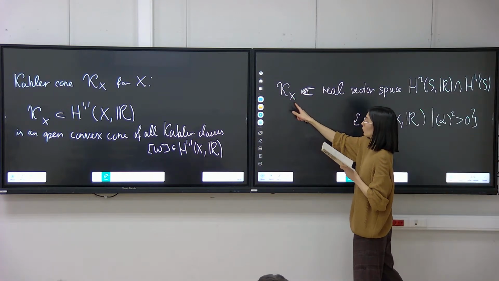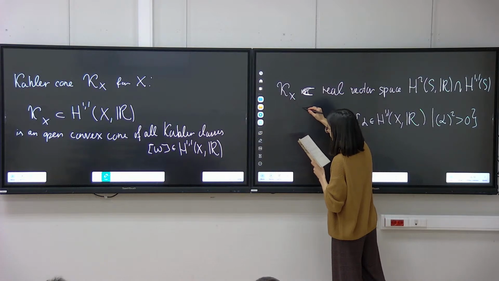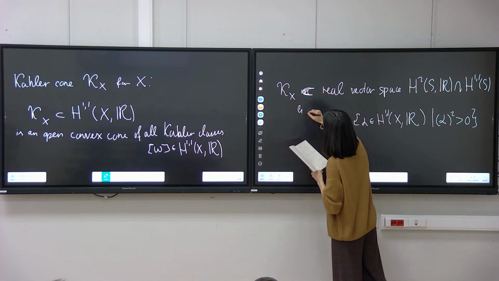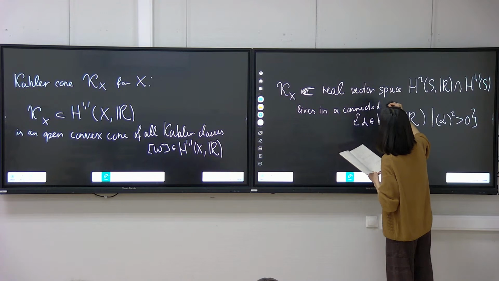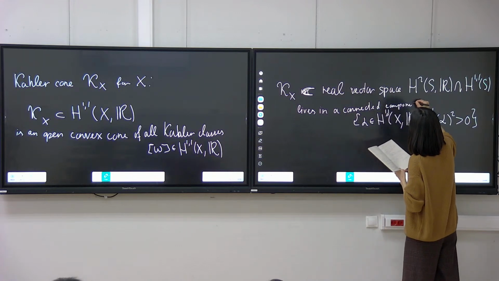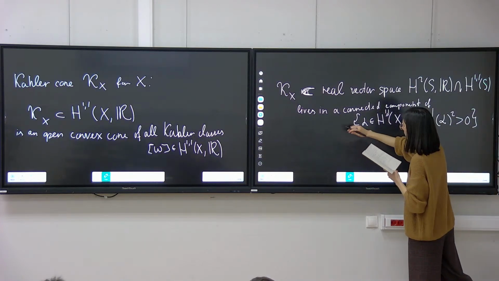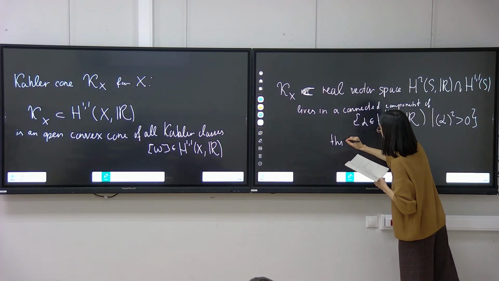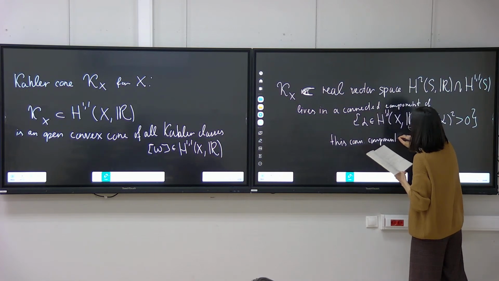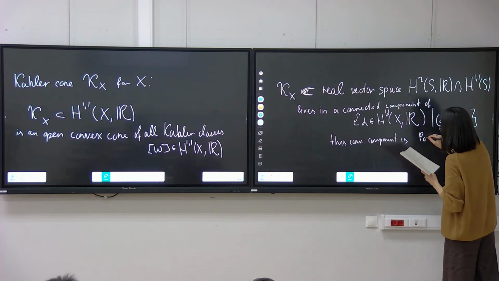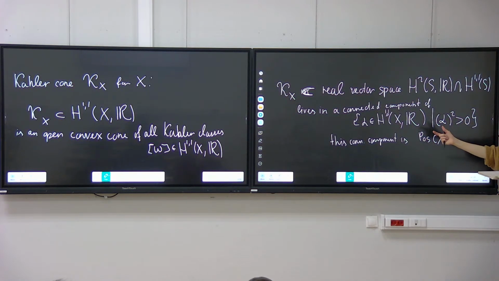And in fact, the Kähler cone will live in one connected component of this cone, and this connected component is called the positive cone of X. So the picture resembles the algebraic case.